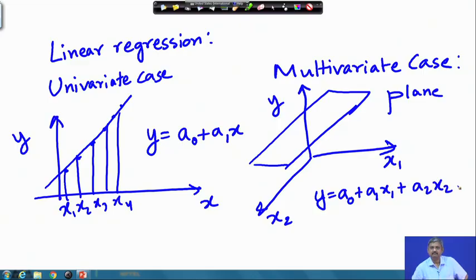In bivariate, it is a plane. So, that is linear regression as you can expect.